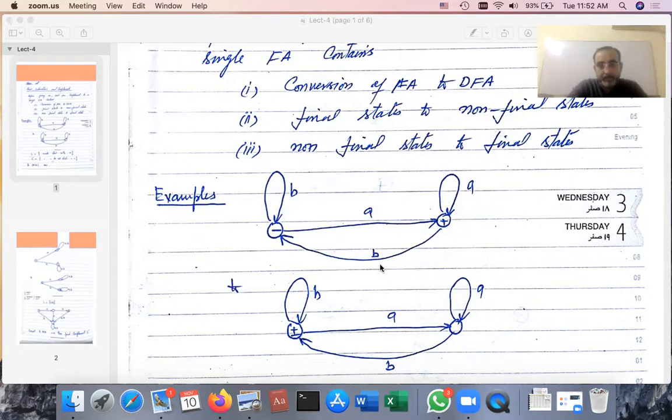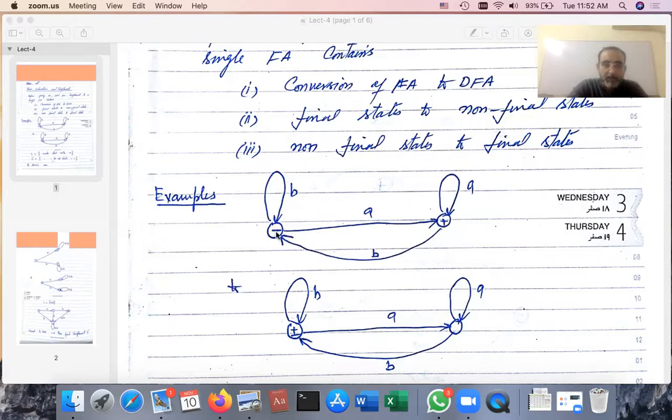this is the initial state represented with minus sign, and this is the final state of this FA represented with the plus sign.